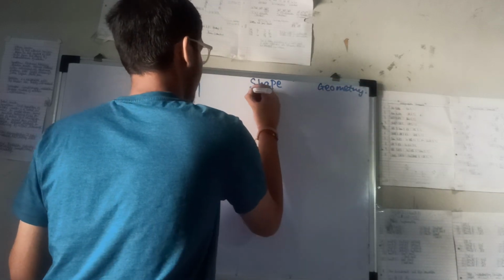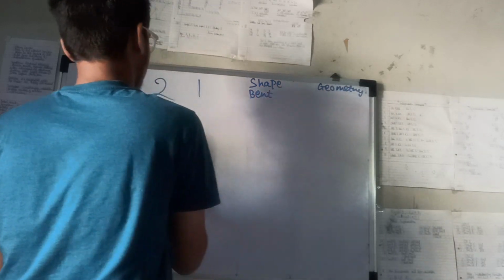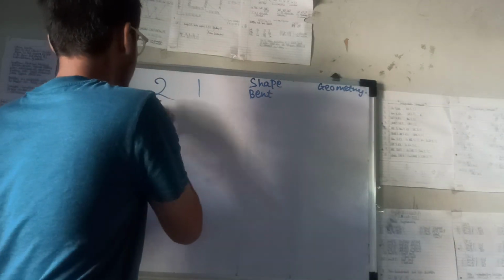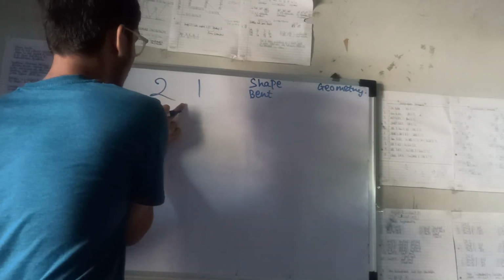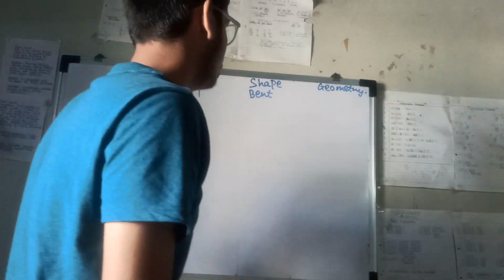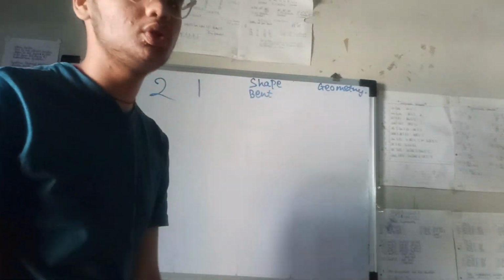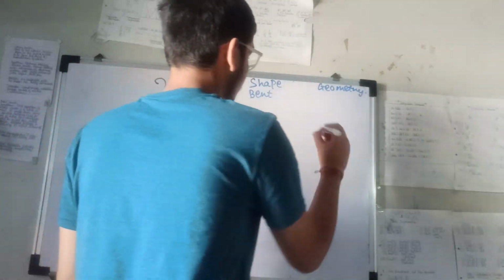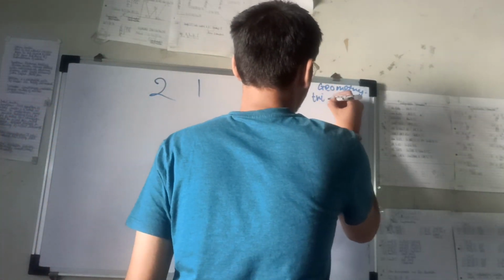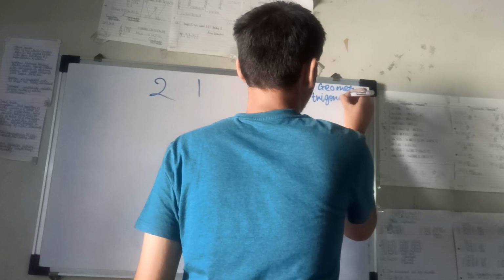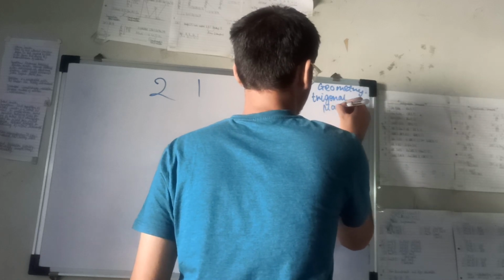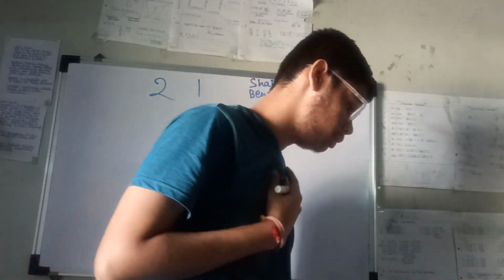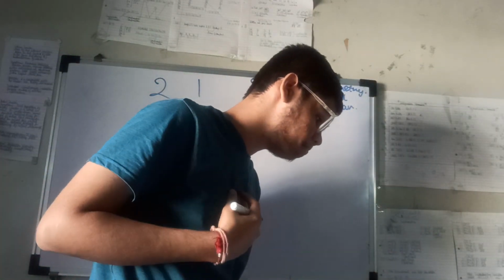The shape will be bent, but the geometry will be as it is. Z is equal to bond pair plus lone pair, so the geometry will be that of Z equal to 3. What will the geometry be? Trigonal planar will be the geometry. Simple, trigonal planar.